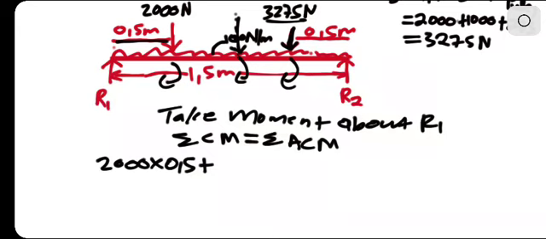What will be the distance? 1.5 minus 0.5. I want the distance from here until the end. Let me check. Simply 1.5 minus 0.5. That distance seems to be what?